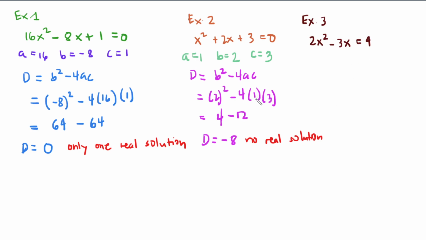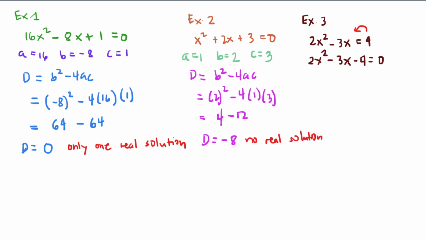The first thing that we're going to do here is to make this into standard form. Since this is not in standard form, we simply transpose 4 to the other side of the equation. So it will become 2x squared minus 3x. Since this is positive 4, it will become now negative 4, that is equal to 0.